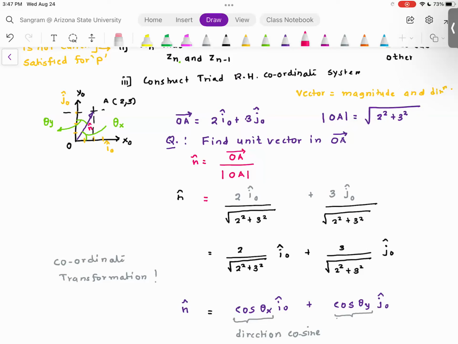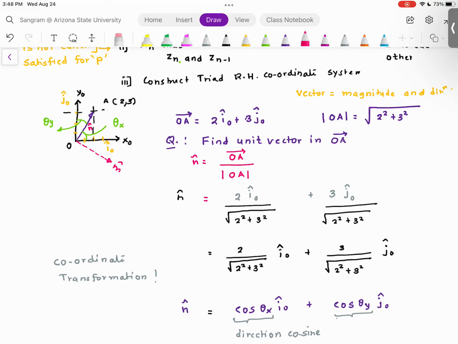If I were to draw a unit vector perpendicular to n hat, which is m hat, then this coordinate transformation gives me a means to take vectors in the x0, y0 coordinate frame and transform them to the m hat, n hat coordinate frame. And why is this required?